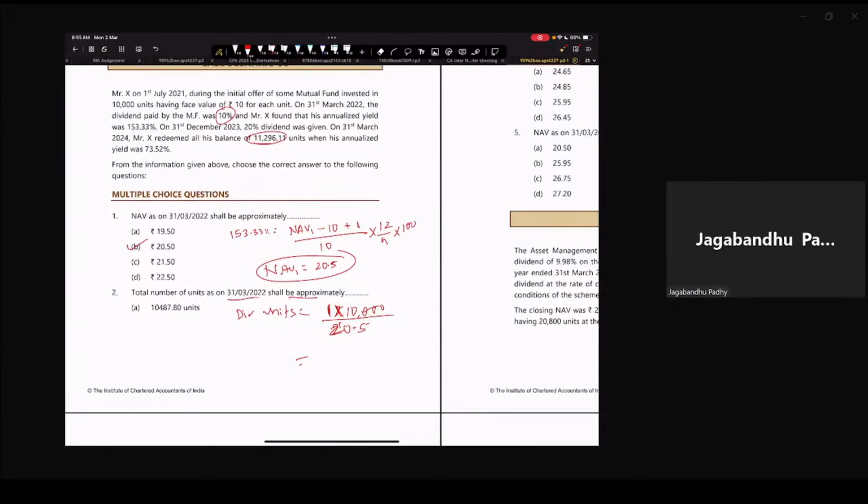So how many units will be allotted as dividend? 10,000 divided by 20.5 is 487.8. So of course, total units that we will have is original 10,000 plus 487.8, which is 10,487.8. So option A is correct.